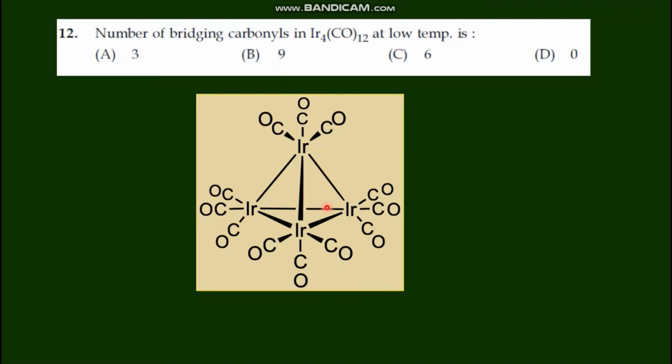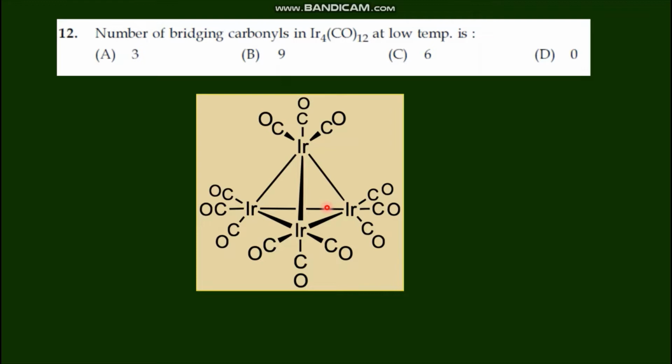Otherwise you can calculate the metal-metal bonds and then arrange, but it's very easy to remember the structures. So you just go through the structures.